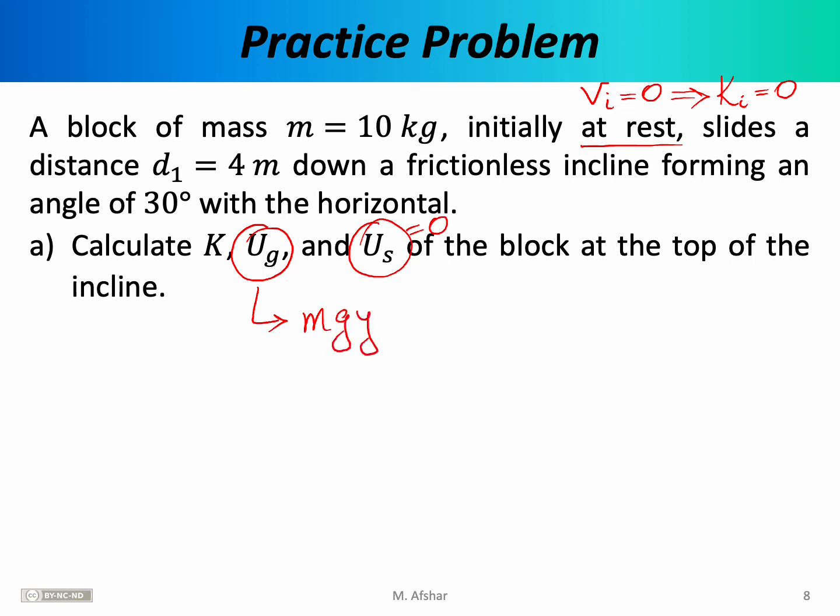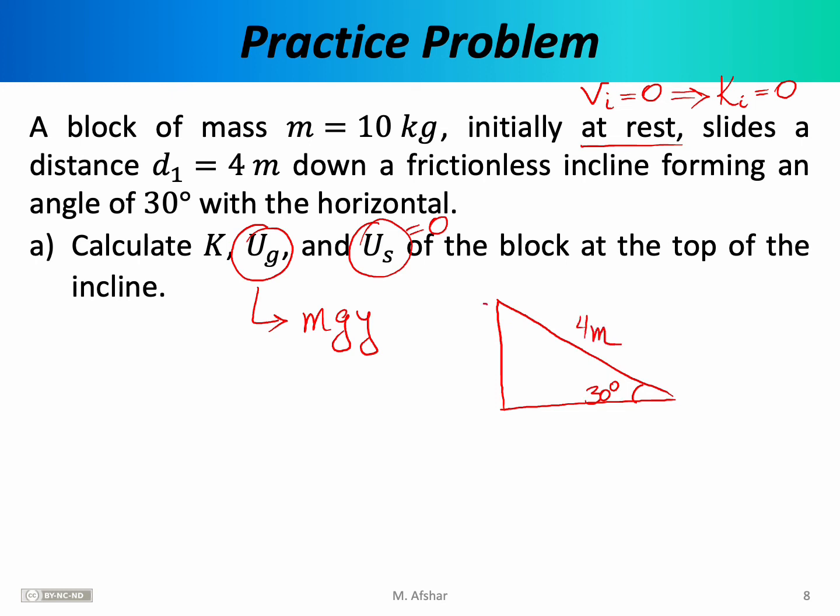We do need to know what the initial height of the block is. Remember, we're talking about an inclined surface like so. We're given this angle over here as 30 degrees. And we're told that from the top to the bottom of this incline, the distance is 4 meters.